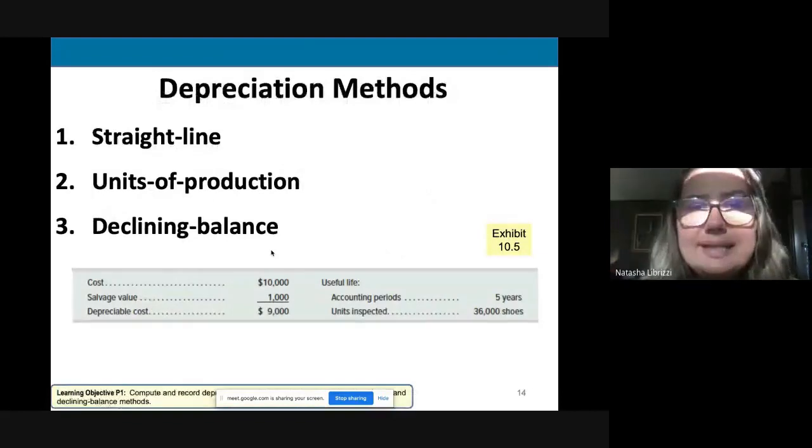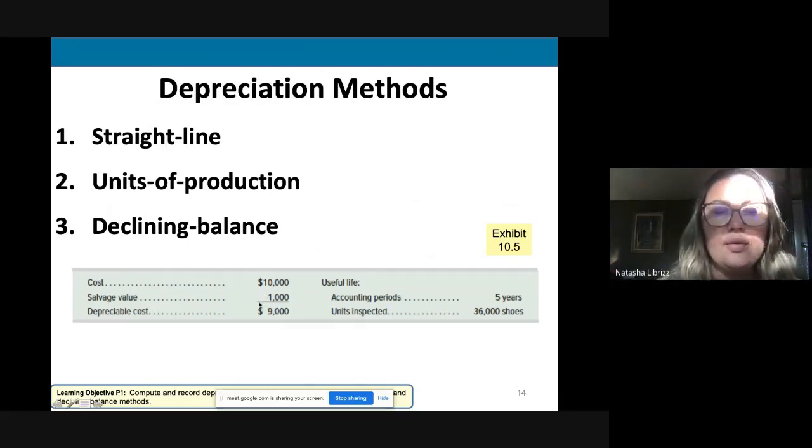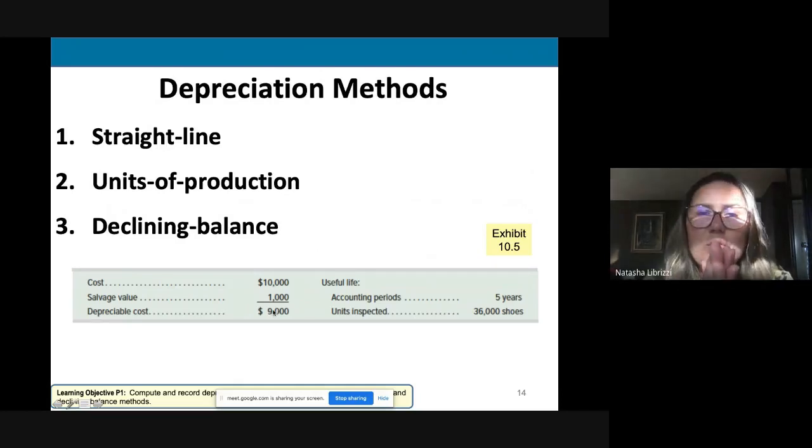So we're going to look at this example and use it for a couple of methods. We're going to keep going back to the same information. We're going to look at an asset we bought at a cost of $10,000. The salvage value, I think I can dispose of the asset for $1,000 at the end of its life. Therefore, my depreciable cost is $9,000. So I need to get rid of $9,000 of cost over my useful life of 5 years.